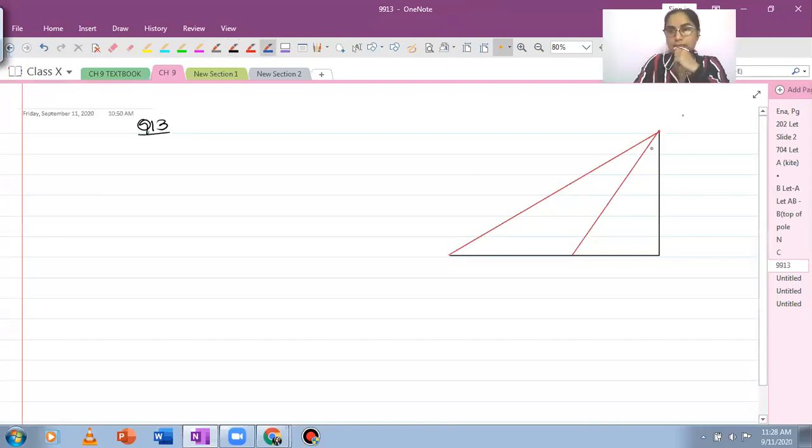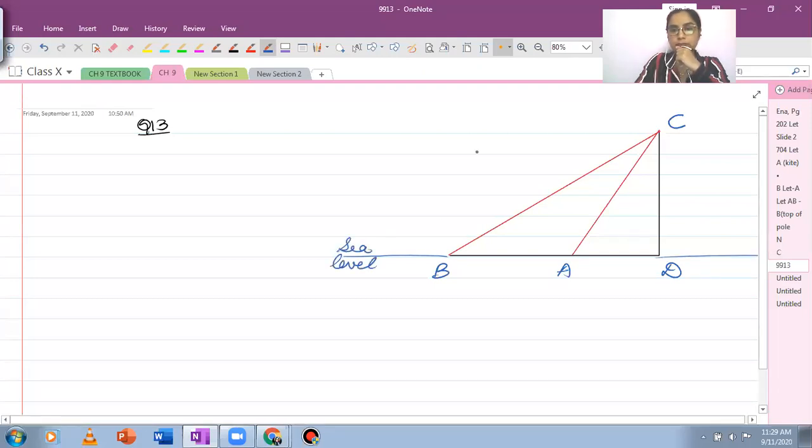So let's say that the ships are A and B, and this is the lighthouse CD, and this here is the sea level. This is the line of sight.